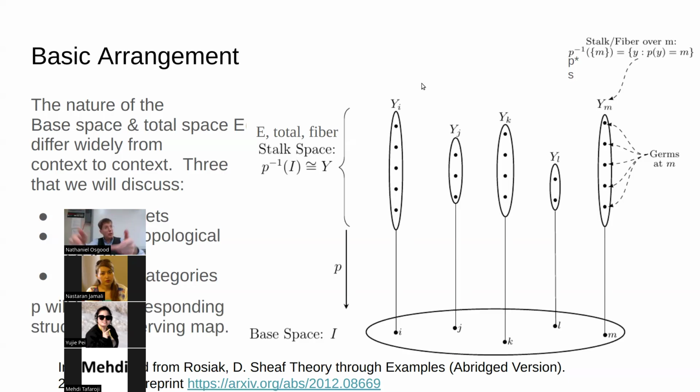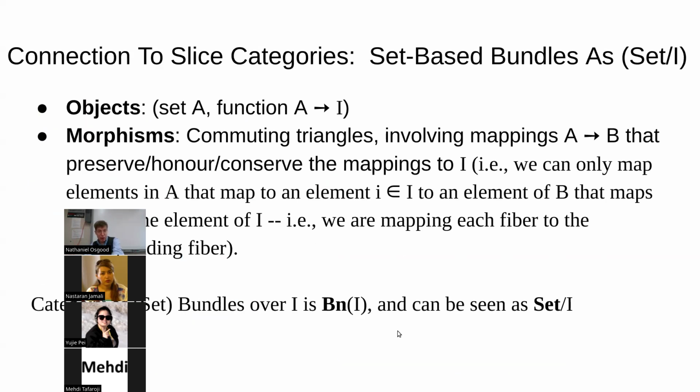So if you're mapping between bundles, as I understand it, this fiber over I from the first bundle will go to the comparable fiber over I for the other bundle. So there's this kind of notation that they're over this common thing I.